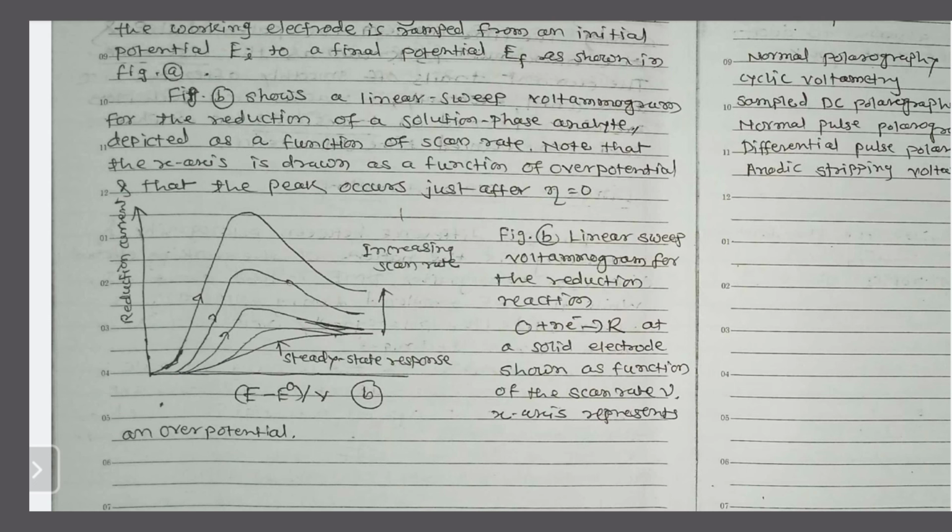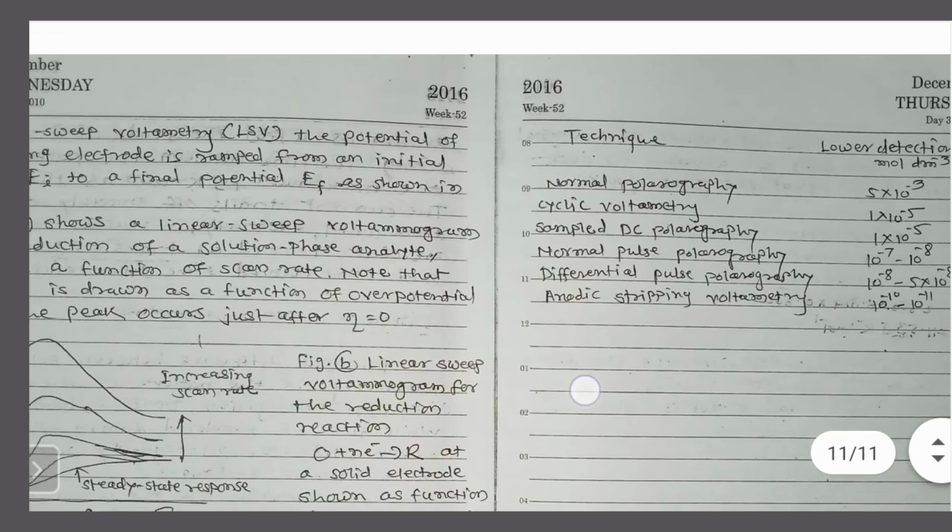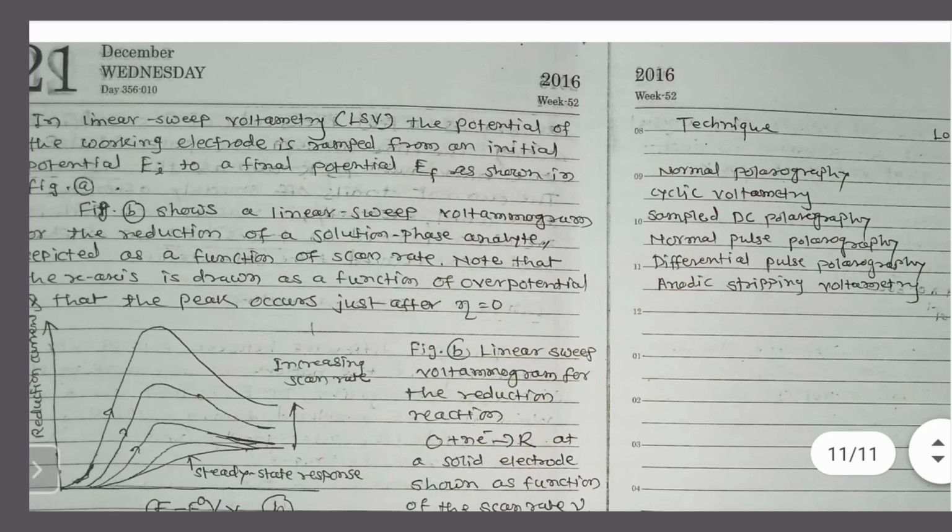The x-axis is drawn as a function of overpotential, and the peak occurs just after eta equals 0. For eta equals 0 we get the steady state response, and if we increase the scan rate we get the peak area. The linear sweep voltammogram for the reduction reaction at a solid electrode is shown as a function of voltage V on the x-axis. So this is linear sweep voltammetry.